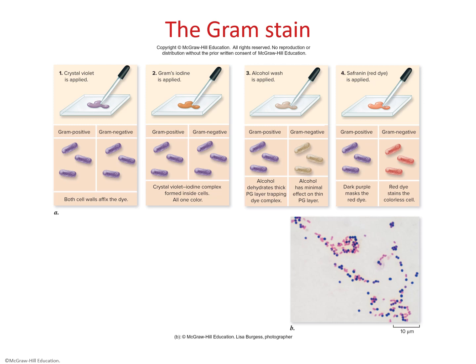In the next step, we are counterstaining these cells with another dye, which is safranin, a red dye. Gram-negative bacteria, which are colorless due to losing the purple dye crystal violet, can now absorb this red safranin.